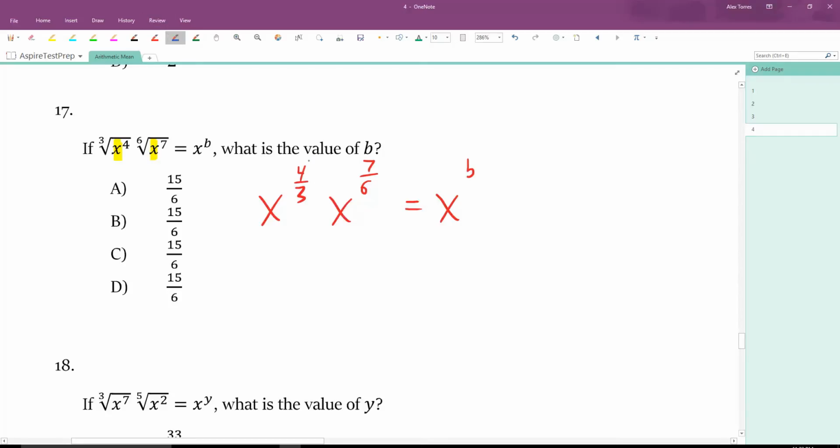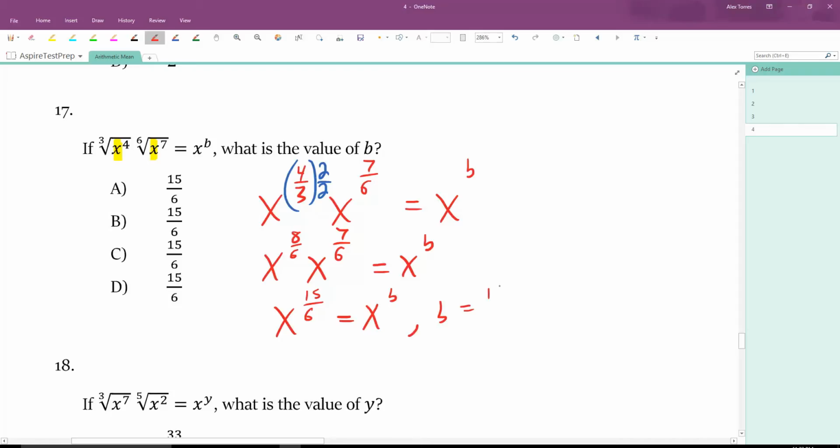But we can't really add until we have the same denominator, so we're going to multiply this by 2/2, and so that gives us x to the 8/6 times x to the 7/6 equals x to the b. 8/6 plus 7/6 is 15/6, so that's x to the 15/6 equals x to the b, and therefore b equals 15/6.